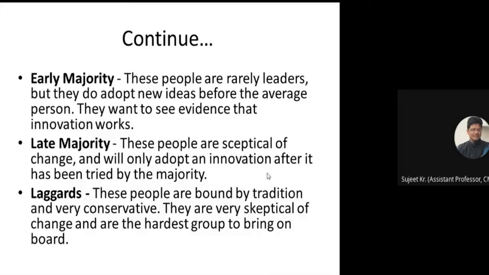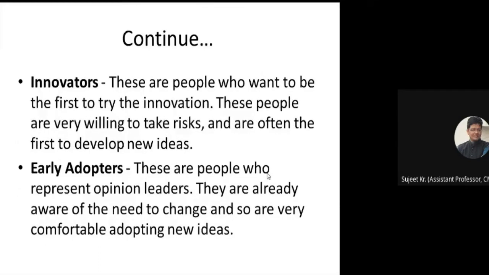So there are various communication strategies for all these groups, right? For innovators, you just have to make them aware. You just have to inform them that this is the new technology and you can use it. So they will adopt it without any further delay.